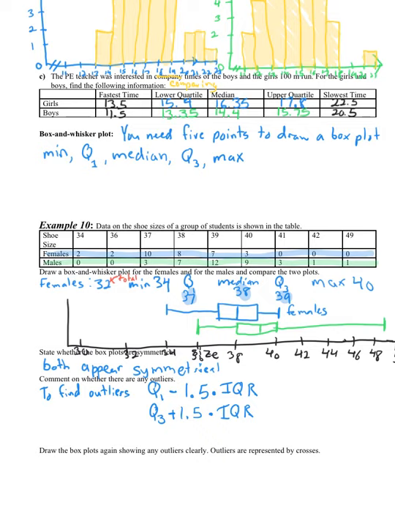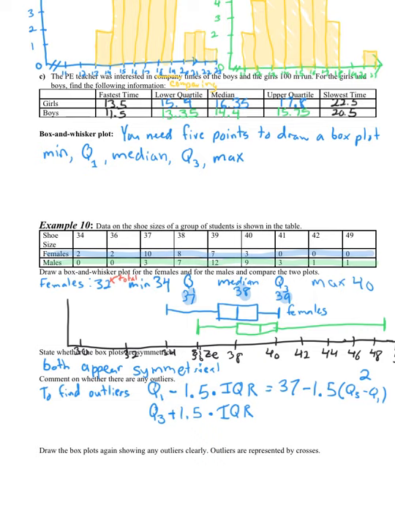It looks kind of weird, but basically we're going to say Q1, that was 37. And we're going to say 1.5 times whatever the interquartile range was, which is Q3 minus Q1. In this case, that's 2.